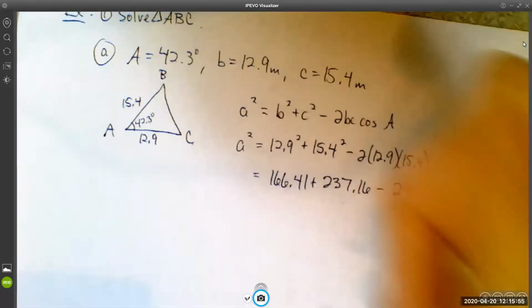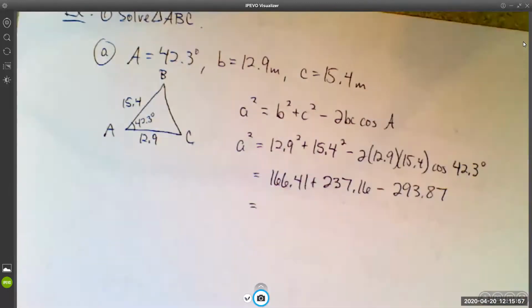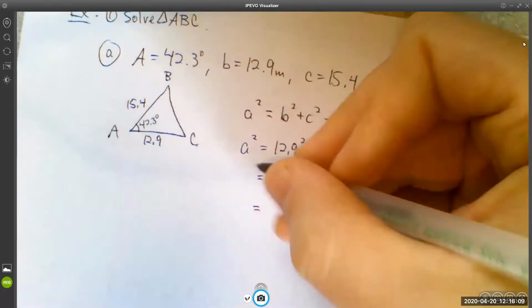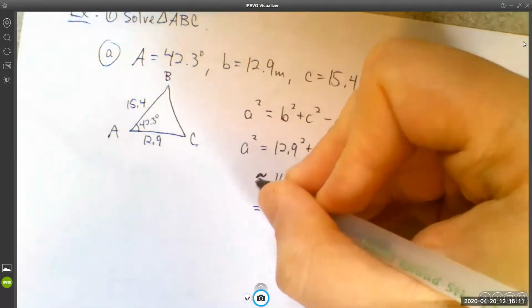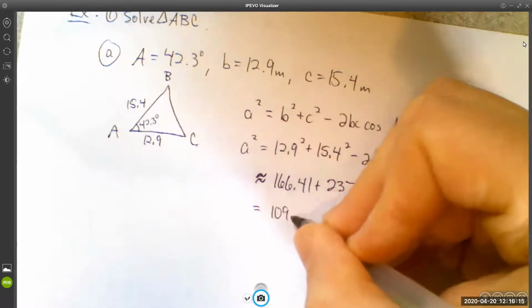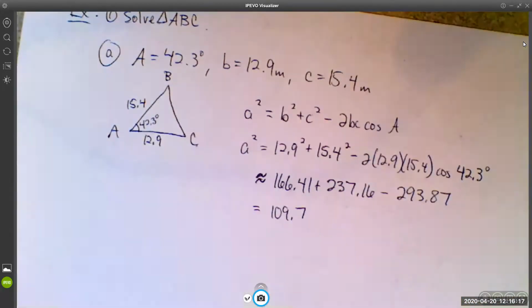Okay. So this plus that minus that is, well, I guess here I did some rounding, so I should have said it's approximately, but this equals 109.7.